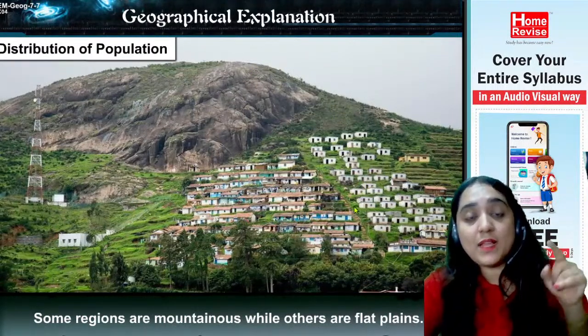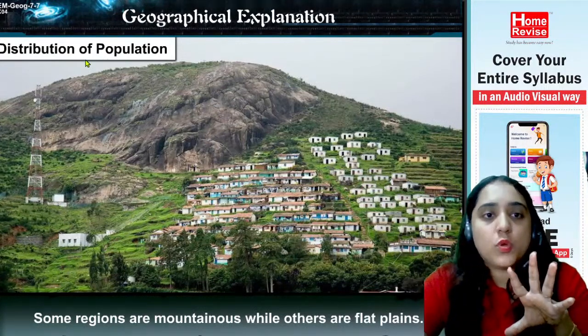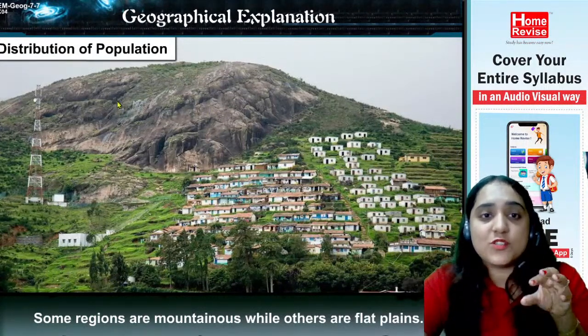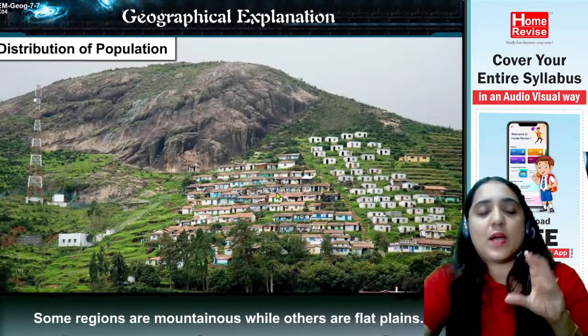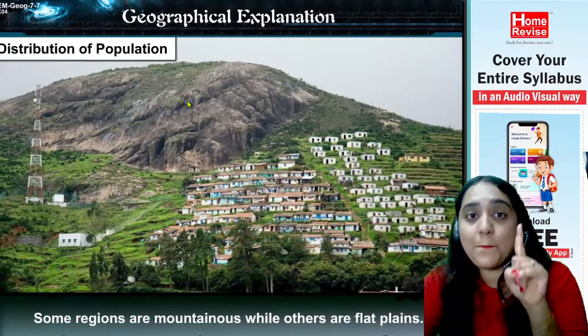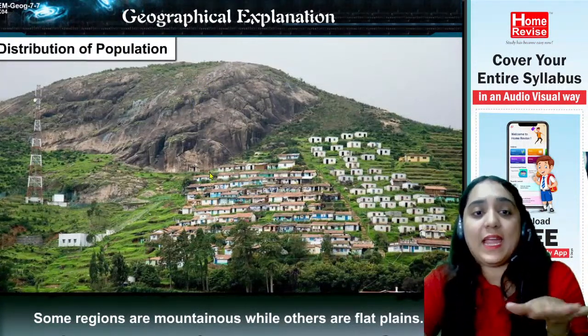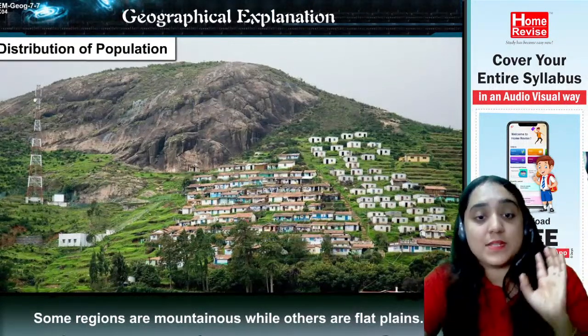But still people have tried and they have lived in the sloping part. But not here. Fine. So distribution is uneven. This part no houses and this part you have few houses. So this is how the distribution of population depends upon the area, whether it is a flat area or mountainous area. It depends on that.